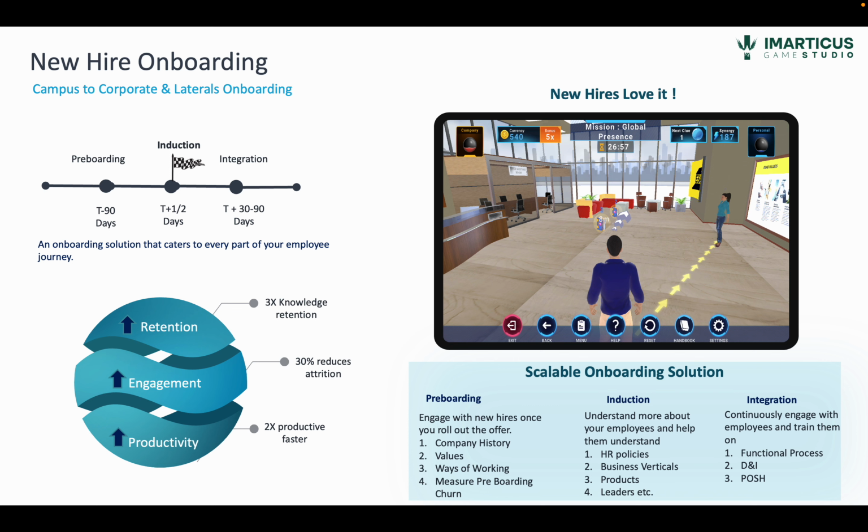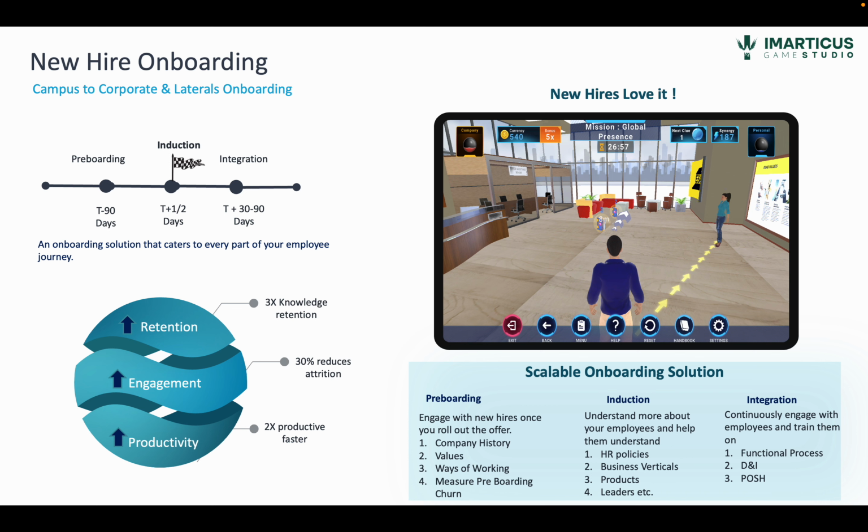The next two phases are induction and the integration phase, where we walk in and provide an experience to help employees understand your HR policies, your functions, a lot better. So this is a scalable solution. This has helped various organizations in a manner where employees who have gone through this particular game have shown better retention of concepts that they've learned during onboarding.